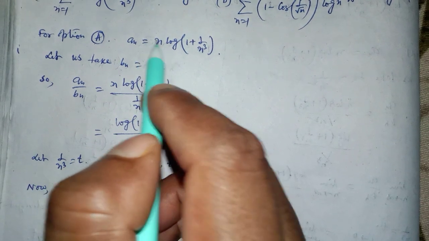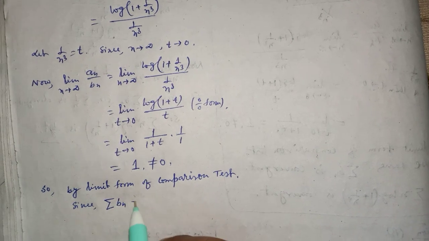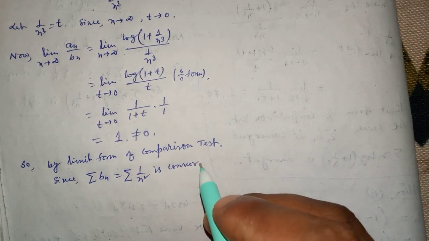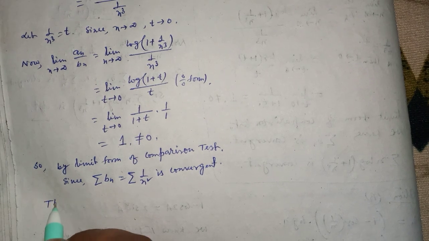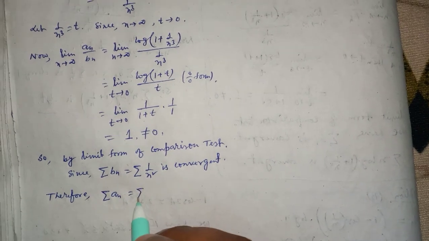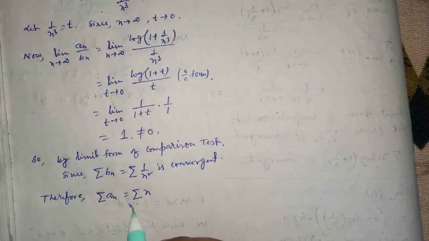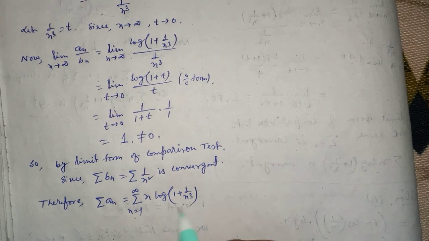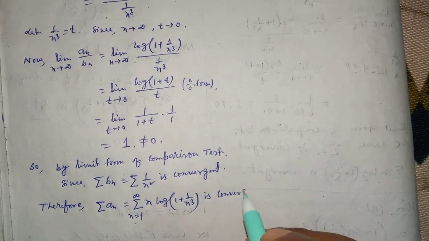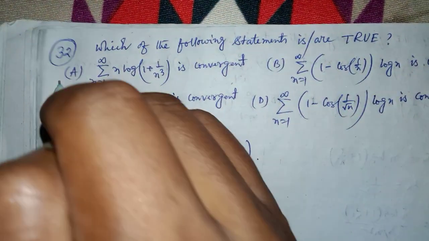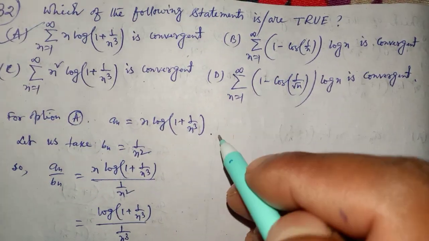So summation an is also convergent. Therefore summation an is equal to summation n equal to 1 to infinity n log of 1 plus 1 by n cube is convergent. Therefore option A is true.